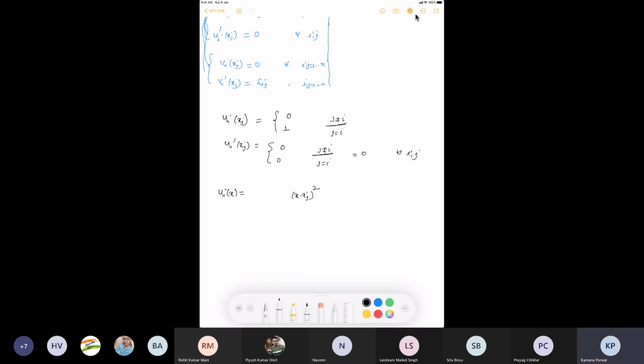So it has to have this factor for all j not equal to i, which basically says that I'm going to have Li(x) as the factor coming twice, right?